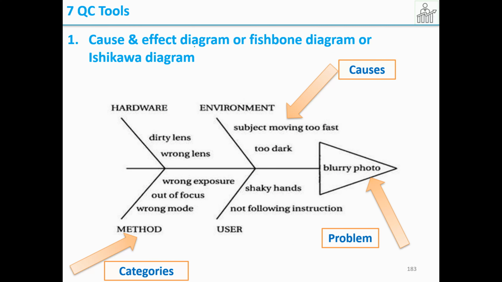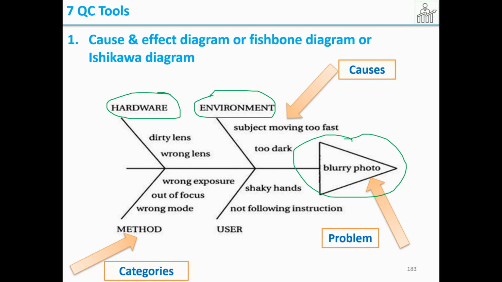So here is an example of a cause and effect diagram. There is a problem of blurry photo, and the categories taken are hardware, environment, user and method. In hardware there can be dirty lens or wrong lens. In the environment, subject moving too fast, too dark area.